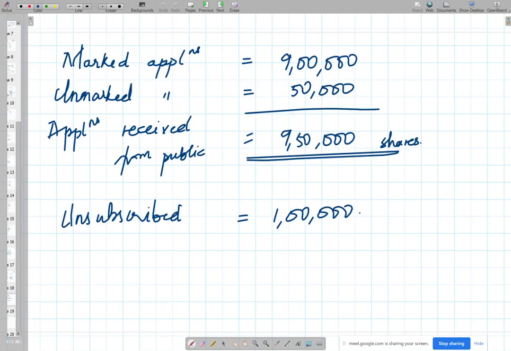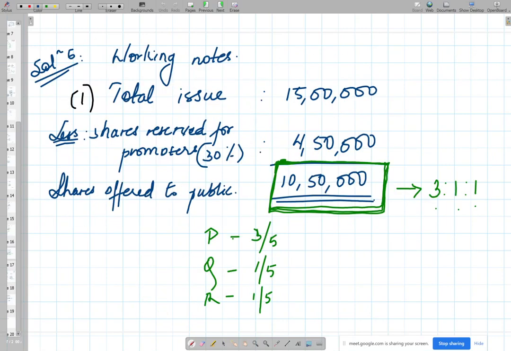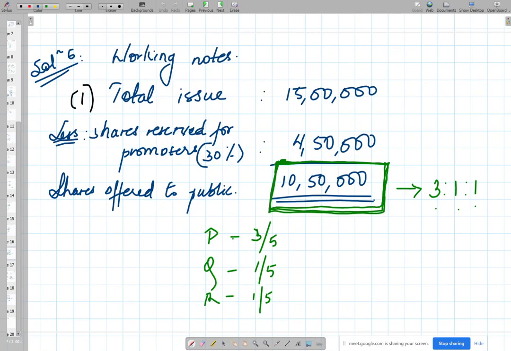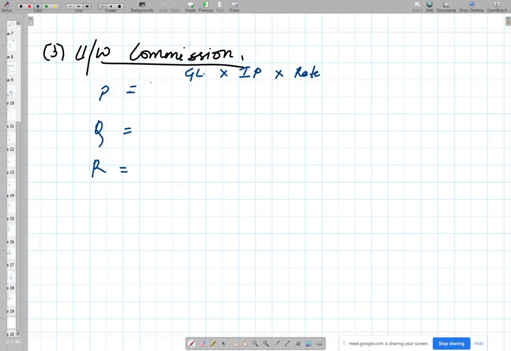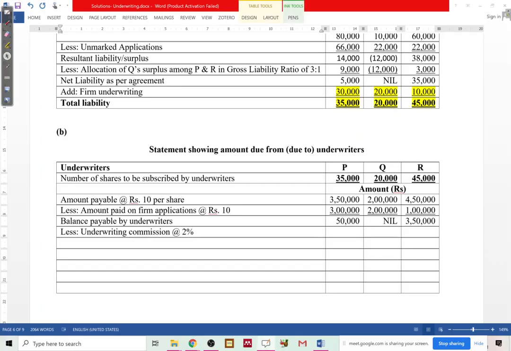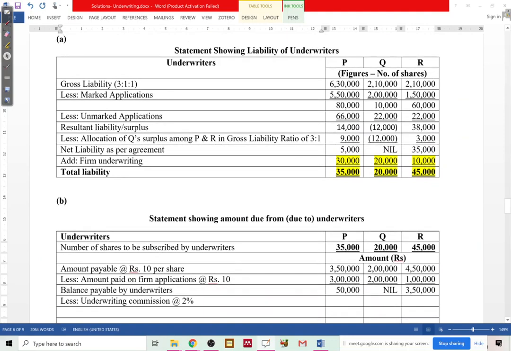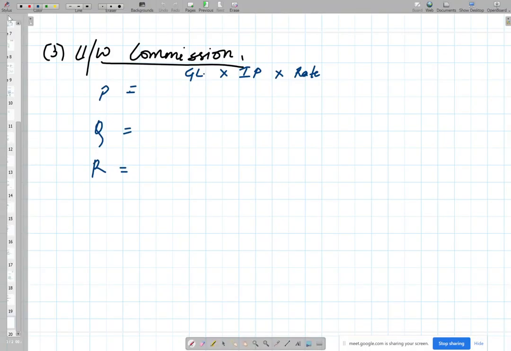So what is the gross liability of each one? Do we have it here? We have it in the problem. Okay, gross liability, let's take from here: 6 lakh 30, 2 lakh 10,000 and 2 lakh 10,000.